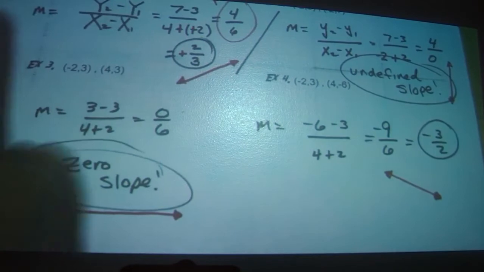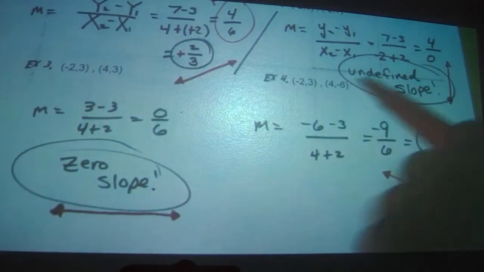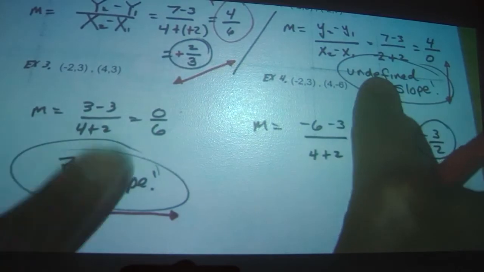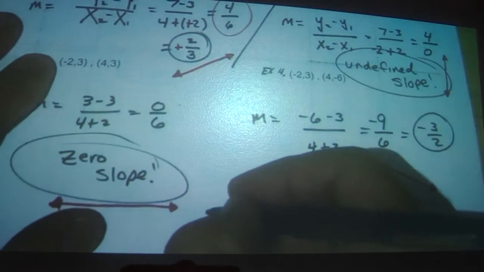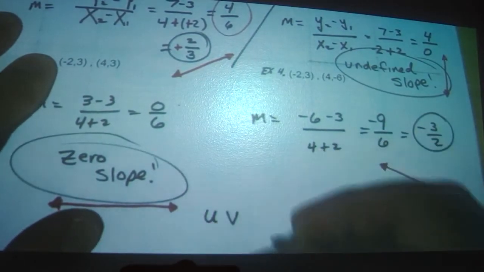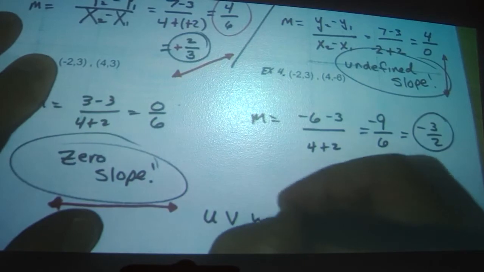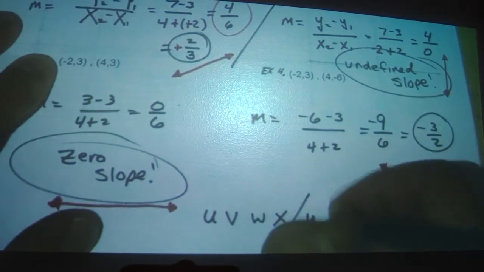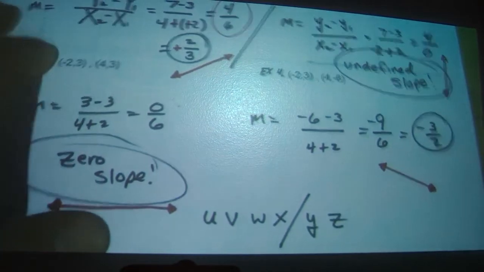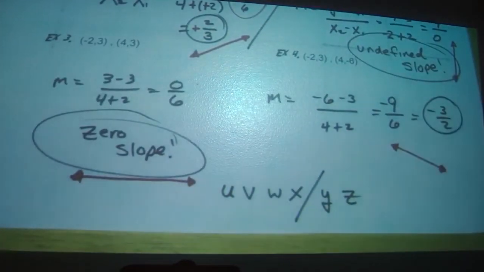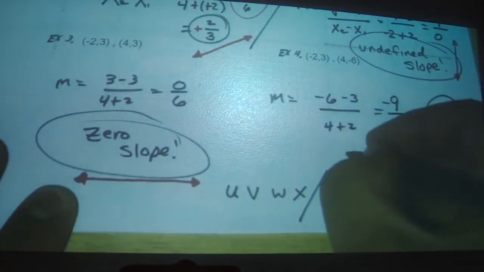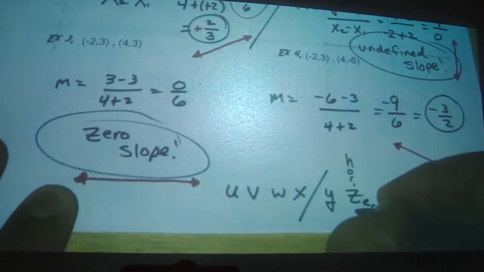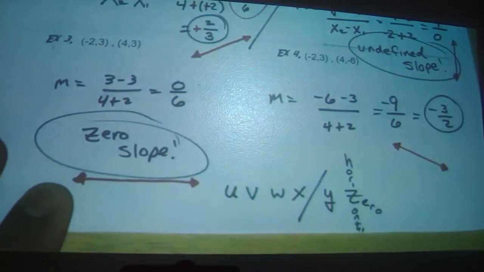Now, I always remember these two specifically because you get them mixed up. I've taught this a bunch of times, and this is what helps my kiddos. The alphabet. You know the end of the alphabet: U, V, W, X, Y, Z. Anytime I have zero slope, it's a horizontal line.